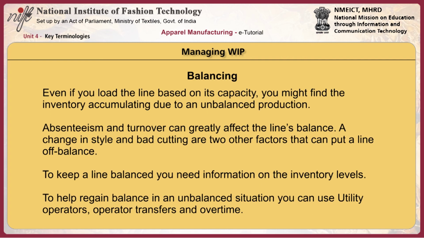Absenteeism and turnover can greatly affect the line's balance. A change in style and bad cutting are two other factors that can put a line off balance. To keep a line balanced, you need information on the inventory levels. To help regain balance in an unbalanced situation, you can use utility operators, operator transfers and overtime.